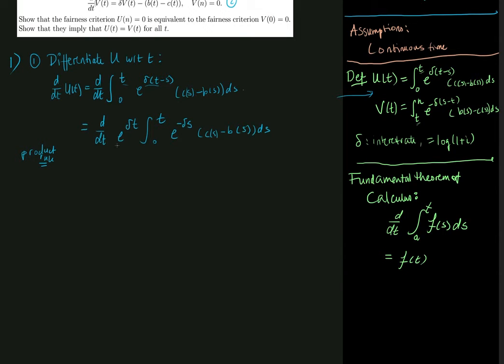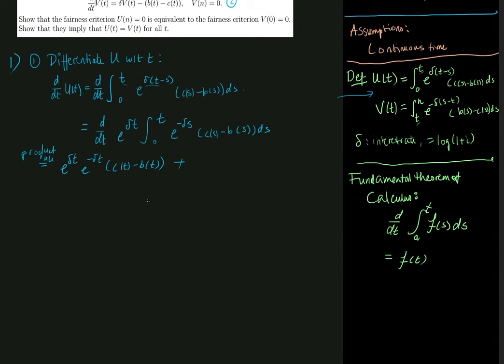So let's take a look at this. I will leave e to the delta t undifferentiated first, and here I have the derivative of the integral, which according to the fundamental theorem of calculus is just e to the minus delta t multiplied by c of t minus b of t, like that.